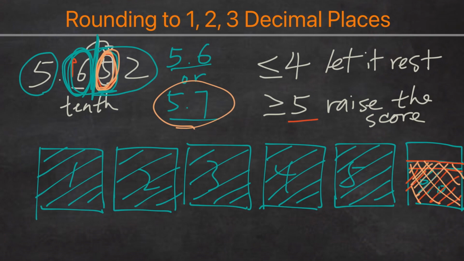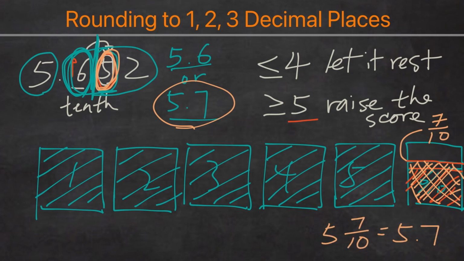So the 5.7 here is basically 7/10 of a container. And then if we add the 5, it will become 5 and 7/10, which is 5.7. That was the whole purpose of rounding, to determine whether it's closer to, in this case, 5.7, or is it closer to 5.6.